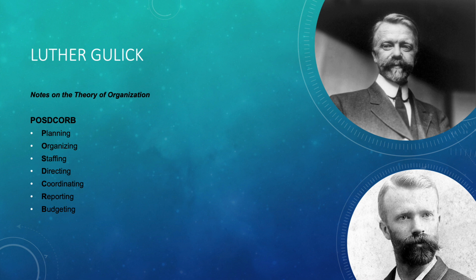Alright, so first off, the first article we're going to be discussing is Notes on the Theory of Organization, written by Luther Gulick. His main theory revolves around organizational structure and management. As we know, organization is key for Gulick. One of the main aspects in this article is POSCORB.